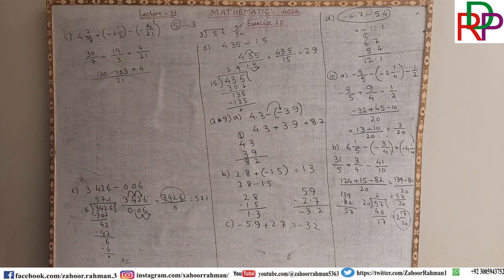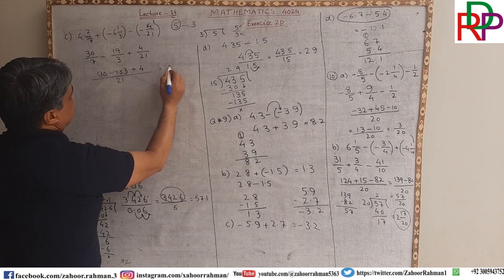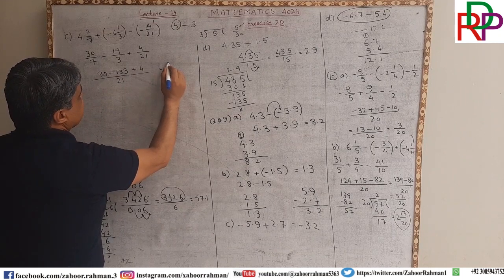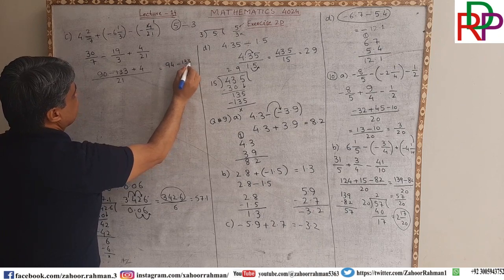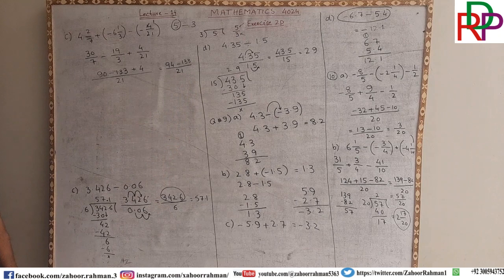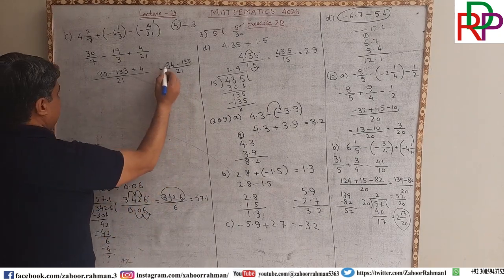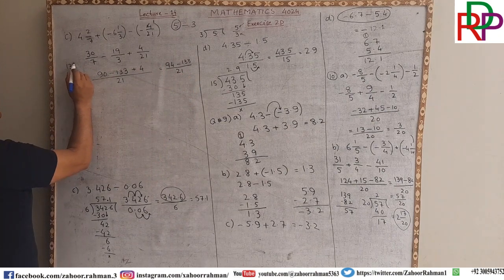So it will give you 4. Now I am adding these positive. So 94 minus 133 divided by 21.